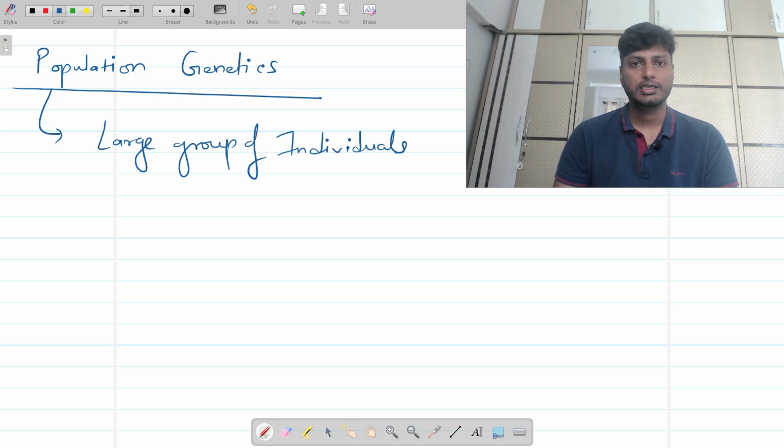Now, in genetics, you already know that the information of characters is present inside the genes. In simple words, the identical copies of genes are called alleles. So, what are alleles?